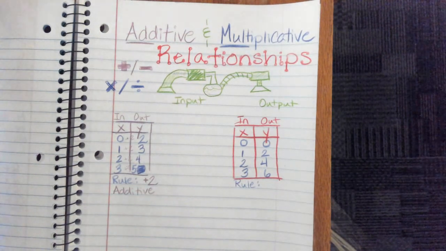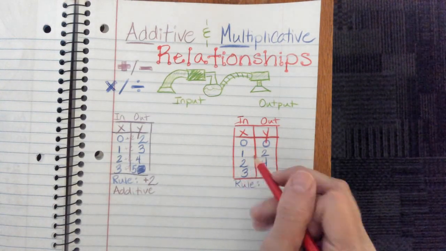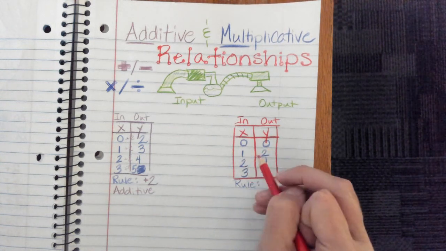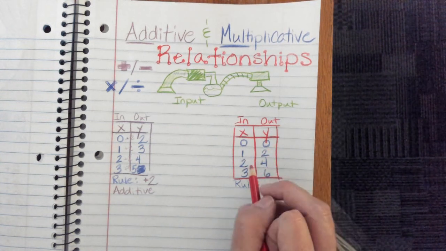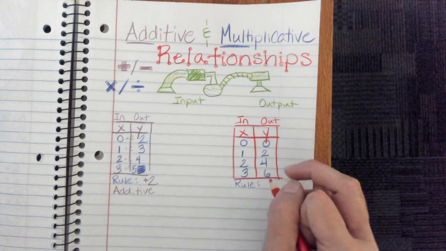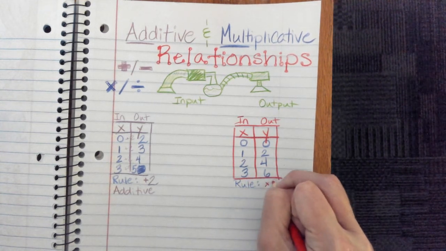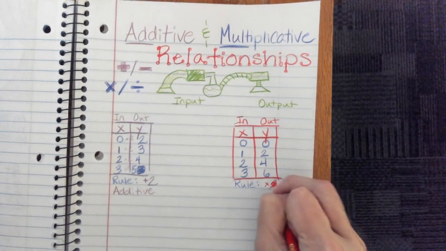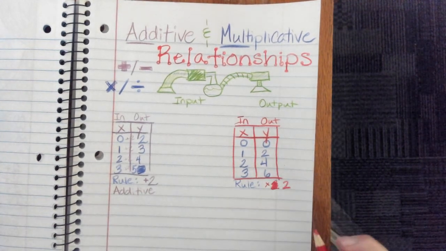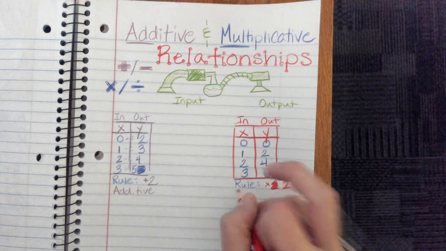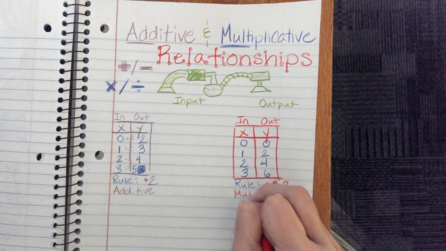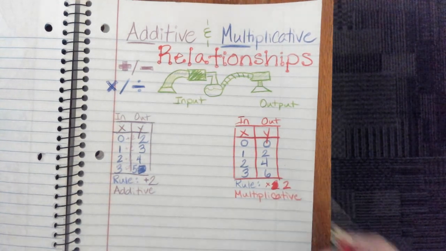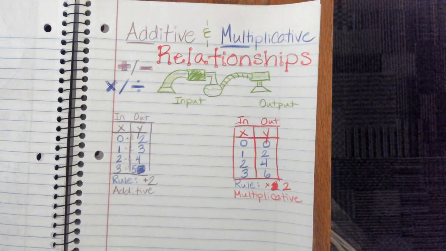Well, 0 times anything is going to be 0, but 1 times 2 is 2, 2 times 2 is 4, and 3 times 2 is 6. So the rule here is times 3, I'm sorry, times 2. I just said the 3, so I was thinking about times 2. And because I'm multiplying, this table is multiplicative.